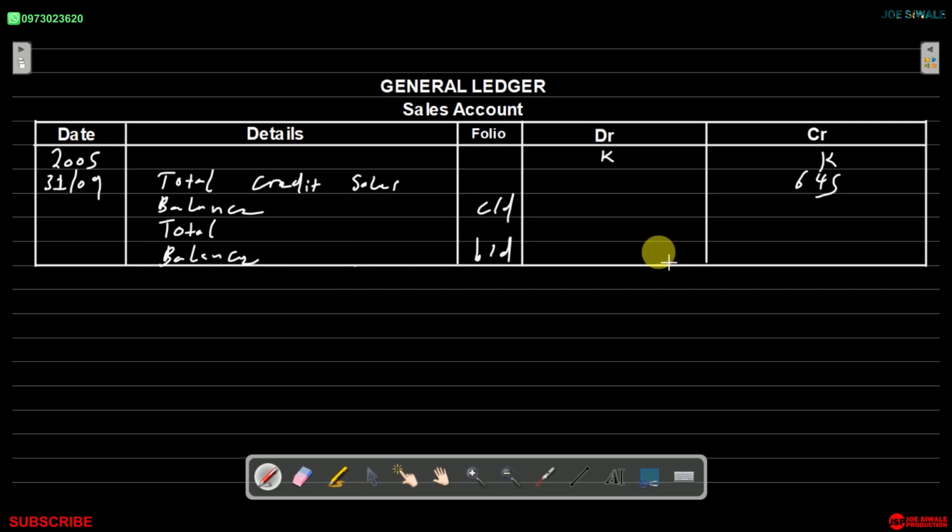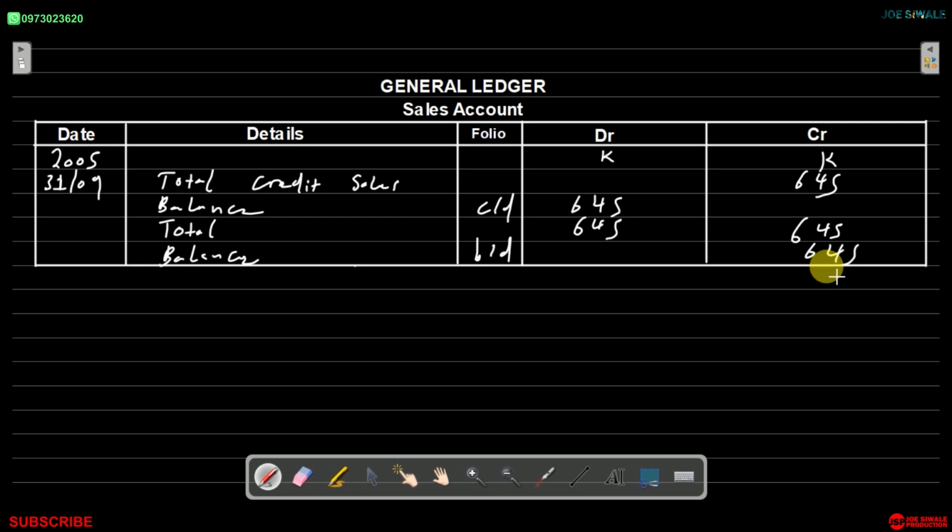So the total there, we're going to have 645 on the credit side and 645 on the debit side. The balance carried down is going to be shown on the debit side as 645. Then the balance brought down is going to be shown on the credit side as 645.